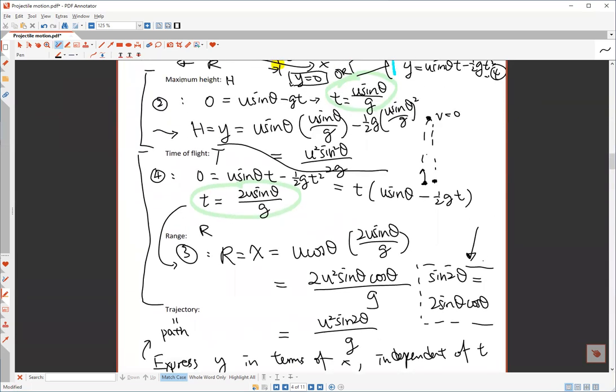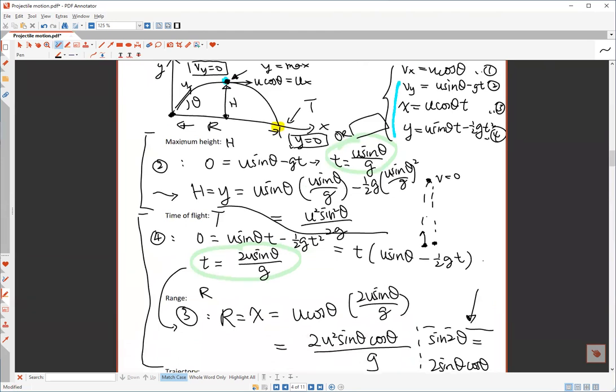I'll give you some time to think about it. Obviously we are going to use the third and fourth equations. What do we mean by independent of time t? It means you combine these two equations to eliminate the time t.